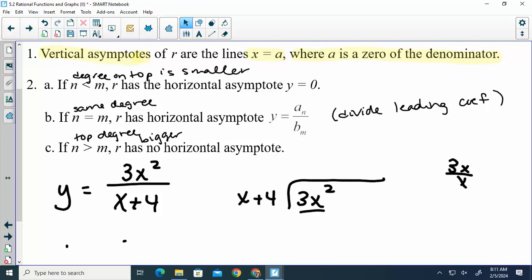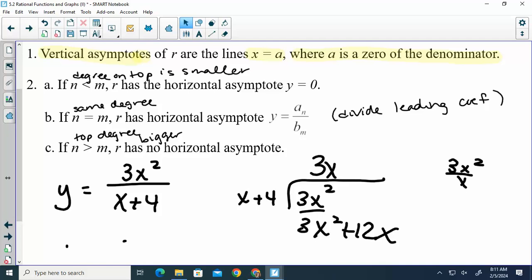Can you do 3x squared divided by x? Yeah, we get 3x. So we can continue. But right now, once you have an x with this, is it a horizontal line anymore? No. So if the top degree is bigger, if you actually try to divide them, you would get something with variables still, so it's not a horizontal line.